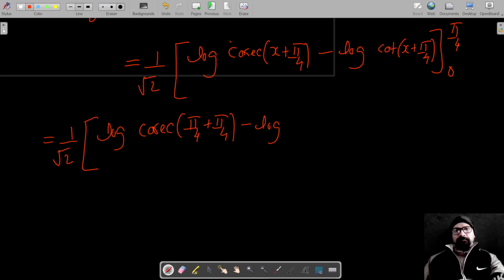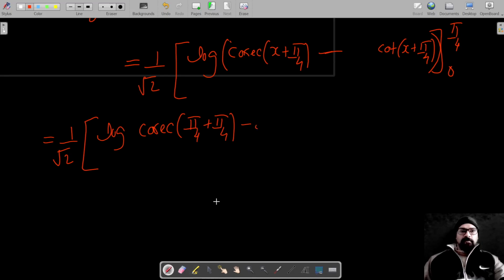So this is log of cosecant x minus cot x. Okay, this is the log. So this is log of cosecant x minus cot x.